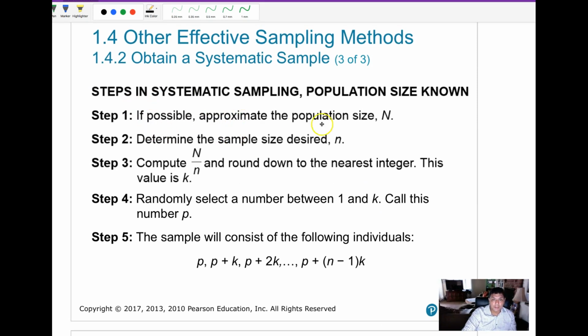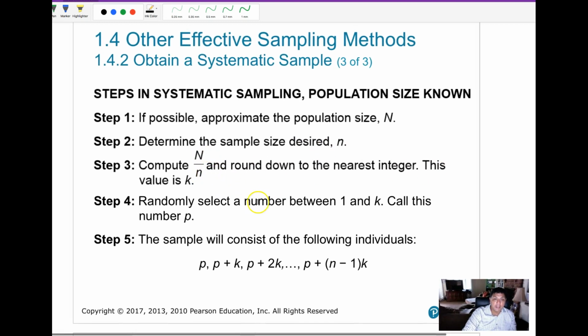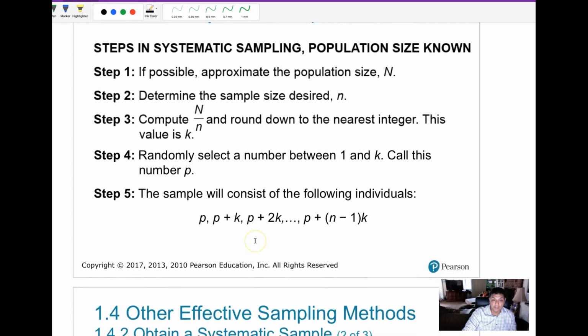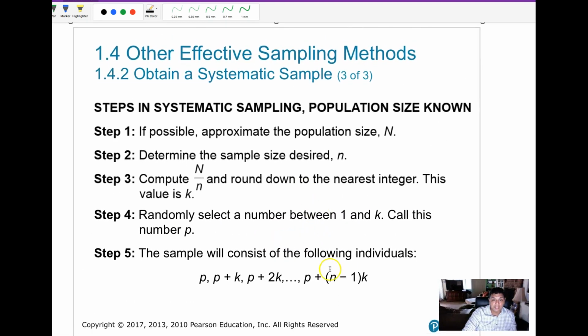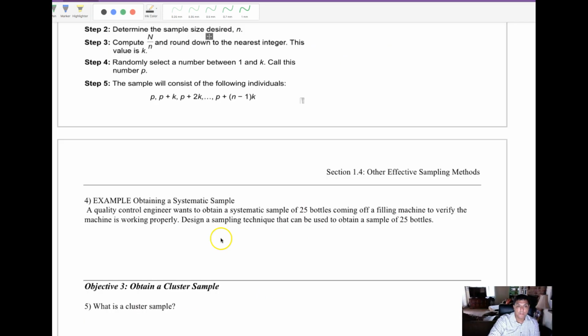If possible, approximate the population size, determine the sample size you want, and then divide the population size by the sample size, and this becomes your k. Then select a number between 1 and k, call this number p, and then you just alternate. We'll look at a sample of that. But those are the 5 steps that we want to write.